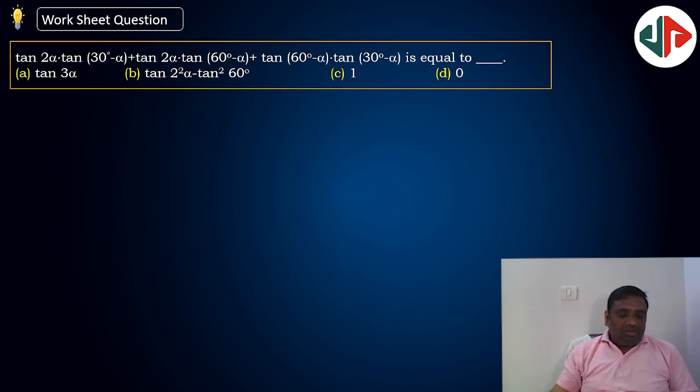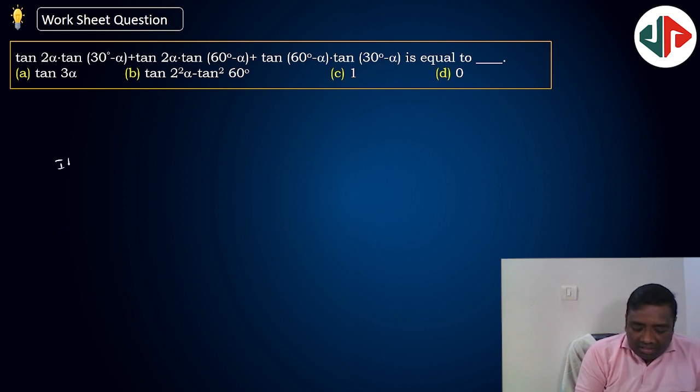This is also the same thing. Tan of 2 alpha into tan of 30 minus alpha plus tan of 2 alpha into tan of 60 minus alpha plus tan of 60 minus alpha into tan of 30 minus alpha is equal to what?